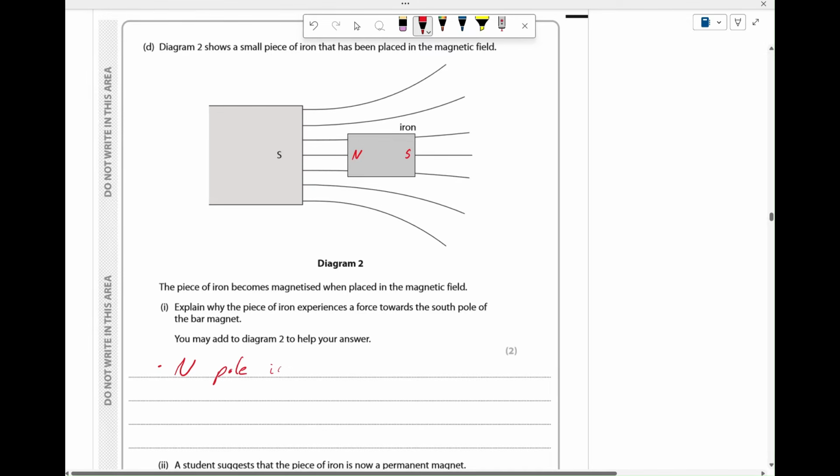The north pole is induced on the side closest to the, I'll call it, permanent south pole, and then the north pole is attracted to the south pole.